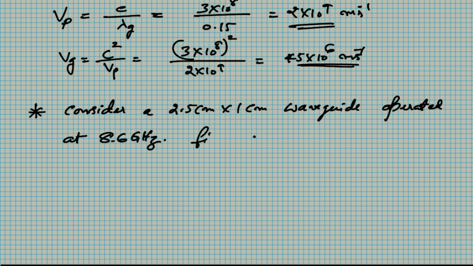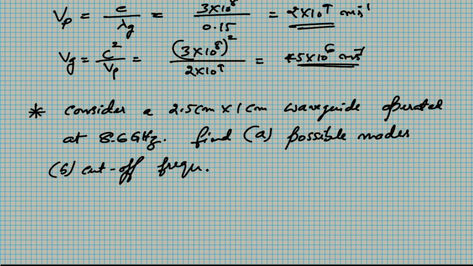Find, part A of the question, possible modes. Part B of the question, cutoff. This is part C of the question, the guide wavelength.